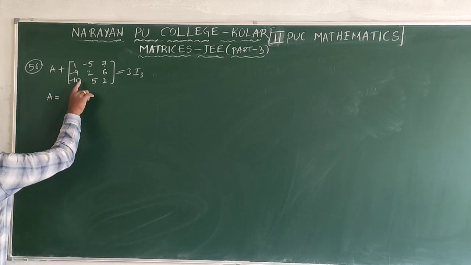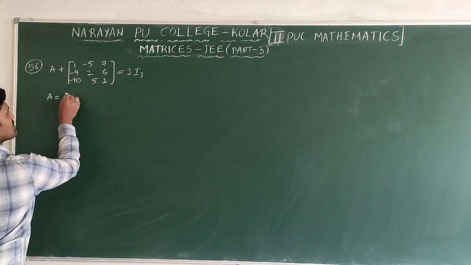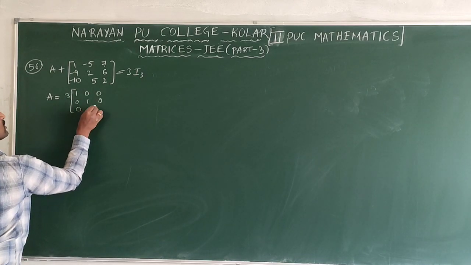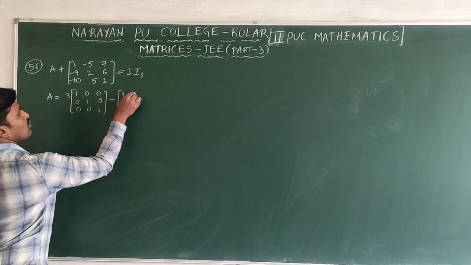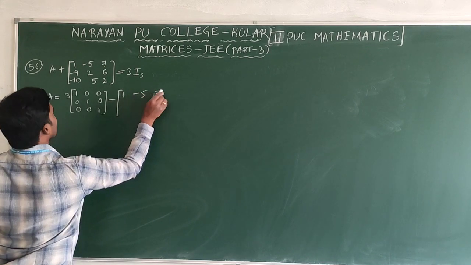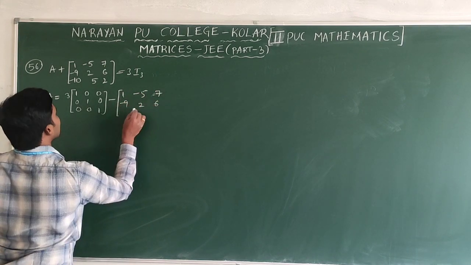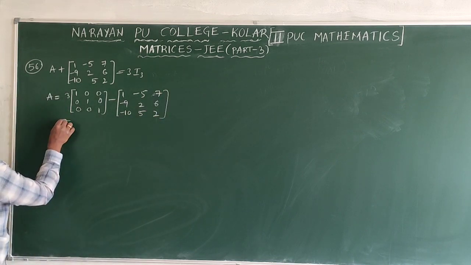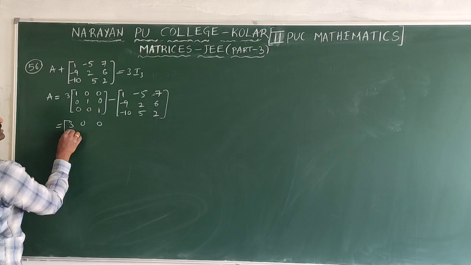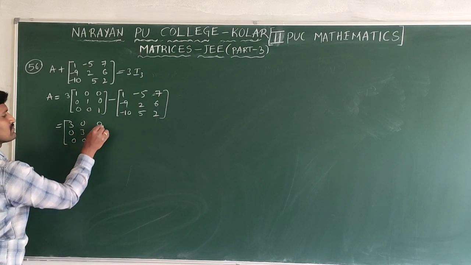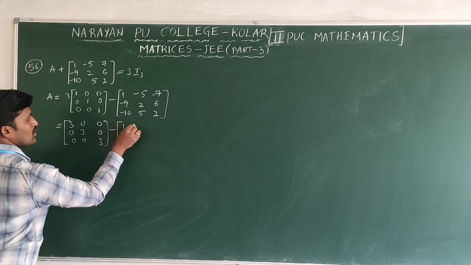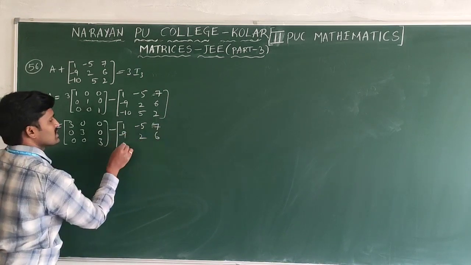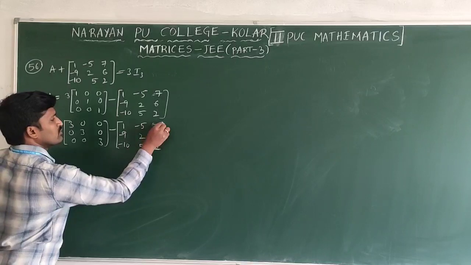A equal to, take the right side. 3 into I3 means what? 3 into I3: 1 0 0 0 1 0 0 0 1, minus 1 minus 5 7 minus 9 2 6 minus 10 5 2. That is 3 0 0 0 3 0 0 0 3 minus 1 minus 5 7 minus 9 2 6 minus 10 5 2.